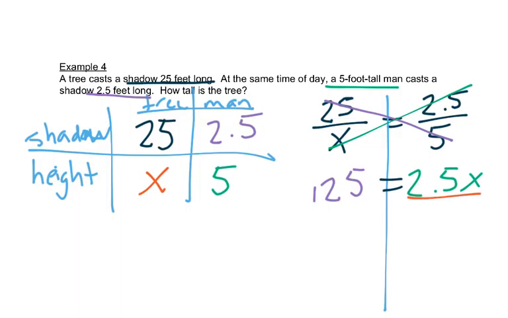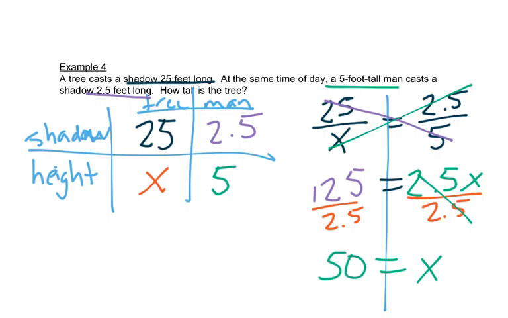We'll divide both sides by the number that's in front of x. That leaves us with x equals 50. So remember the question was how tall is the tree? So we find out that the tree is 50 feet tall.